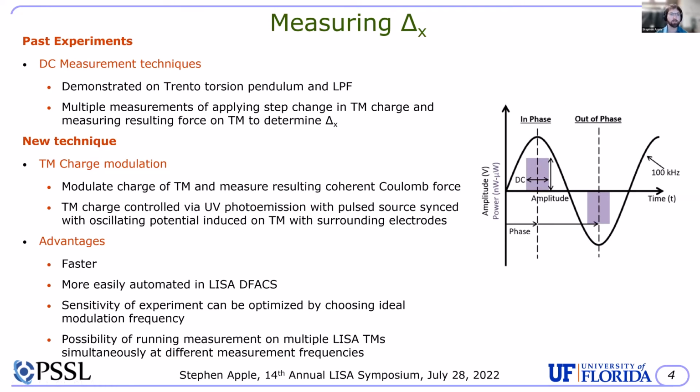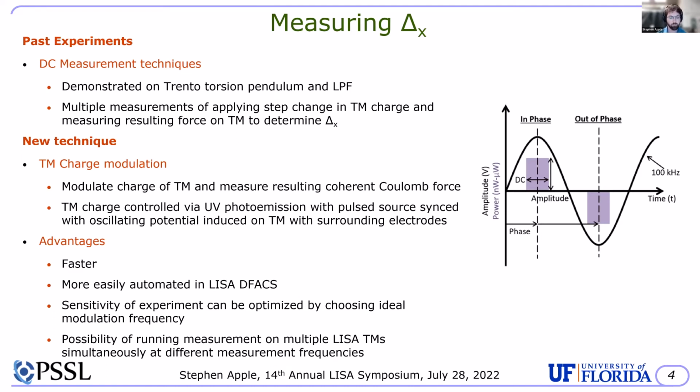So with LISA, the delta X must be measured with a calibration procedure where you essentially measure the force response in the sensitive degree of freedom for a given stimulus in the test mass charge. And once the delta X is measured, DC biases can be applied to electrodes in the sensitive degree of freedom to compensate for that delta X.